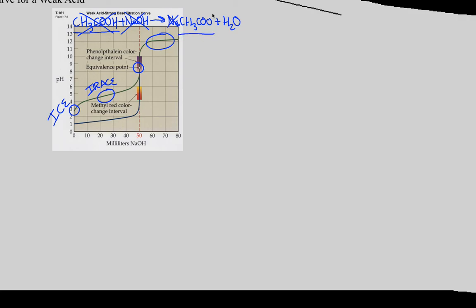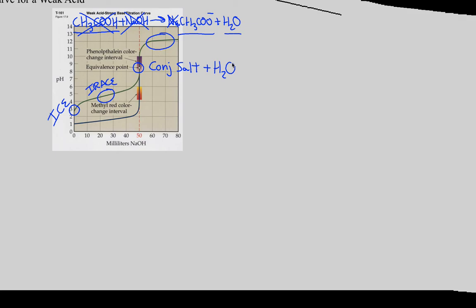The acetate ion attacking water. So at equivalence, the pH is determined by the conjugate salt chemistry. Does that make sense? Okay, so this is the conjugate salt reacting with water chemistry.